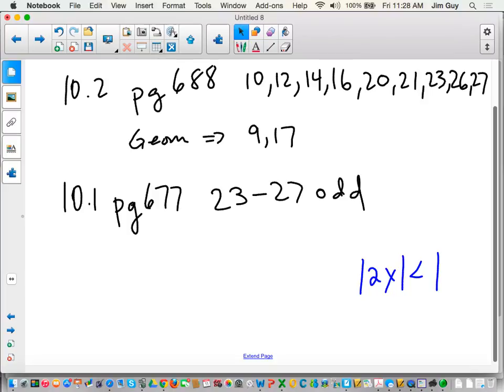Now, stop for a moment and let's go to page 677. So go back to the stuff out of 10-1. 23, 25, and 27 you're doing on this page, 677. This is where you would use a power series to approximate. And yes, I get it.